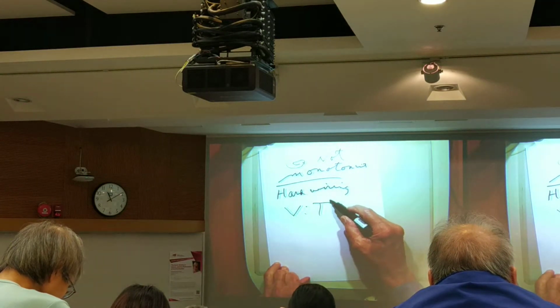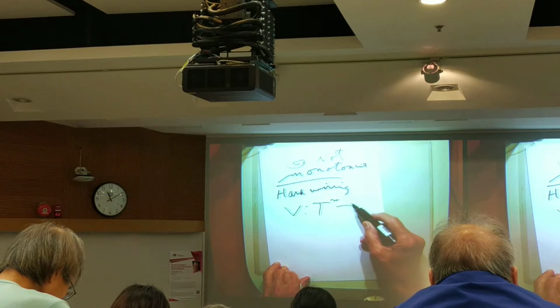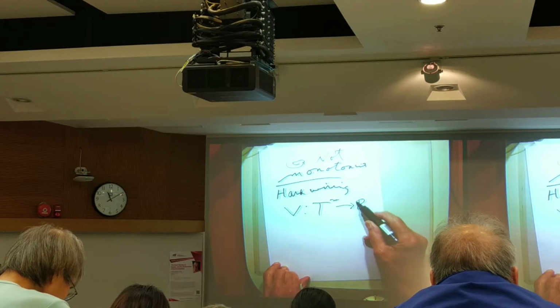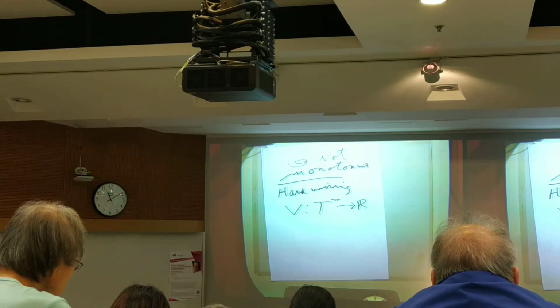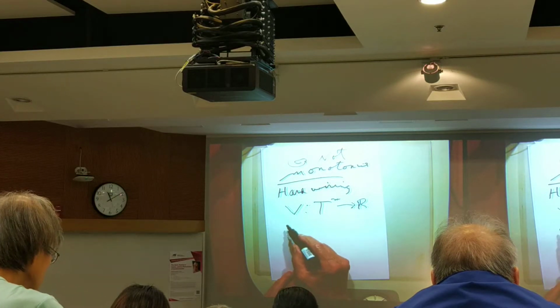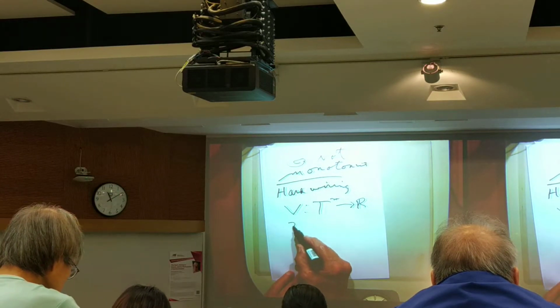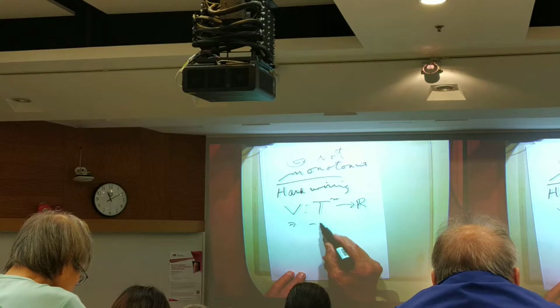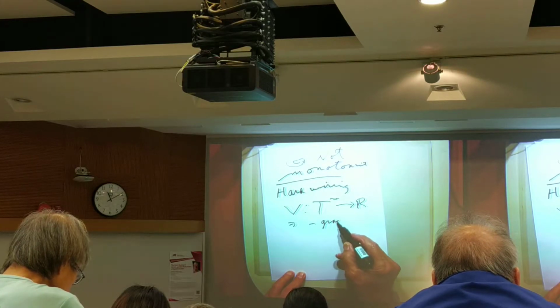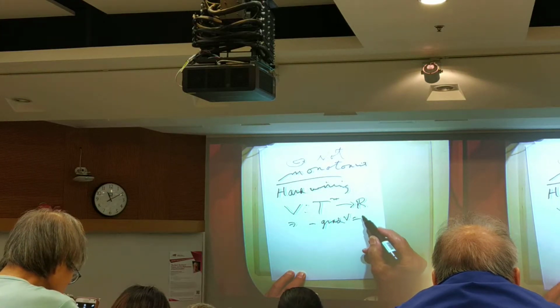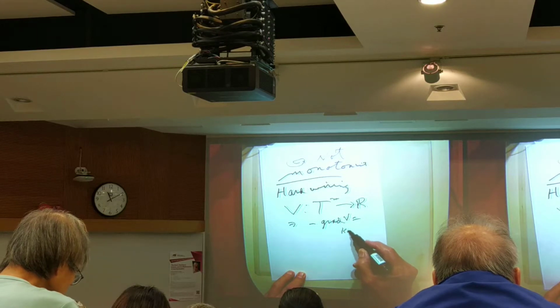We have M cells. Then we have a potential like this, and we have suggested a potential function such that minus gradient of V is equal to the Kuramoto equations.